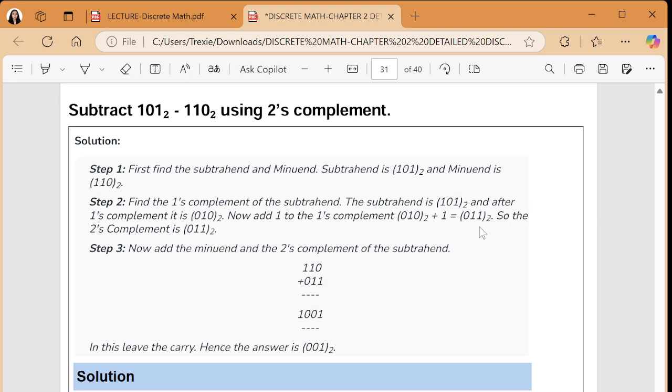The new value of the subtrahend is 011. So, sorry, this is our new subtrahend, and this is our minuend.